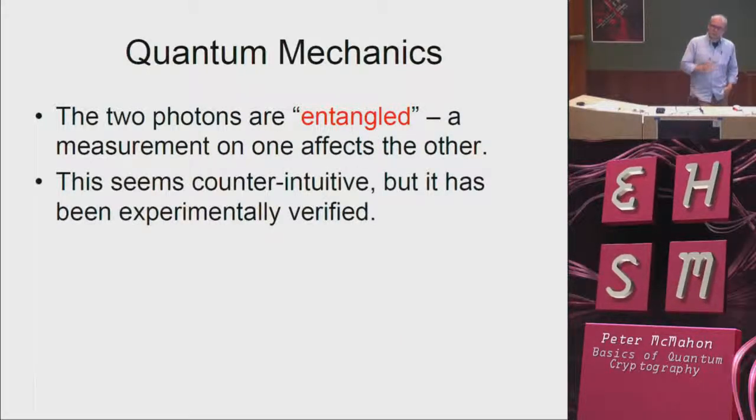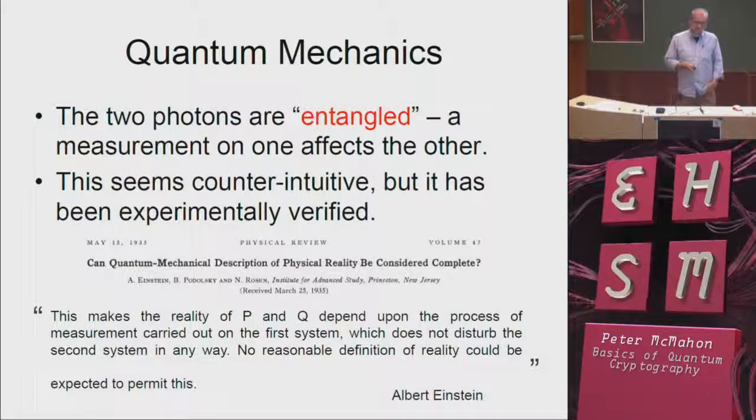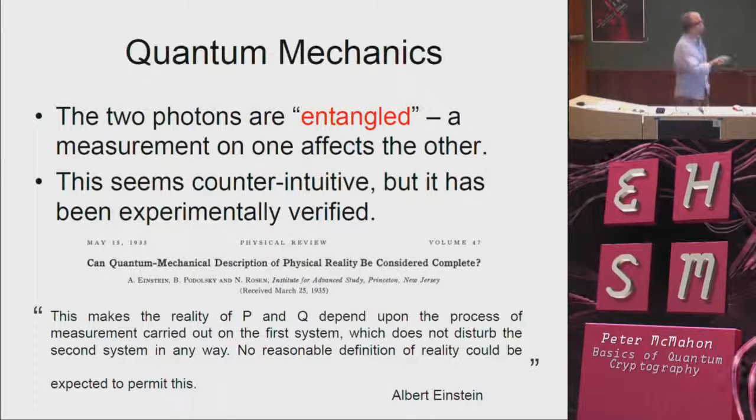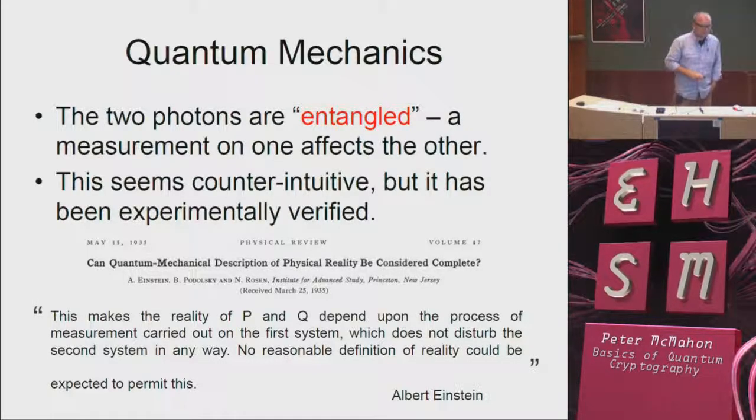This seems really counterintuitive. It seems like this is probably some kind of mistake, but it turns out that people have done these kinds of experiments and that they work out. And this was actually one of the features of quantum mechanics that convinced Einstein there was something fundamentally wrong with quantum mechanics and that we needed to develop a new and different theory. This is the title page from a Physical Review paper that Einstein wrote with Podolsky and Rosen in 1935.